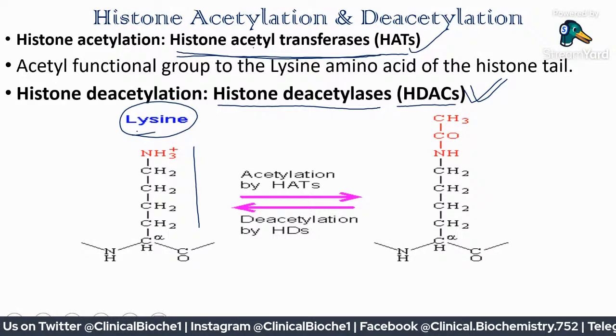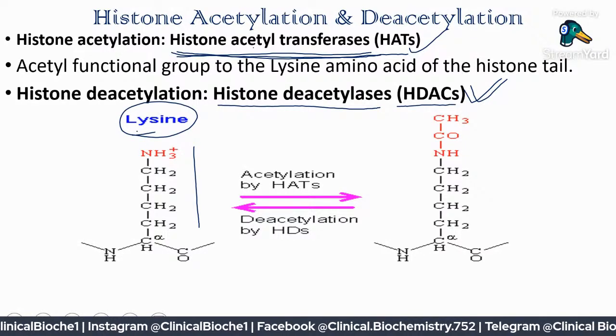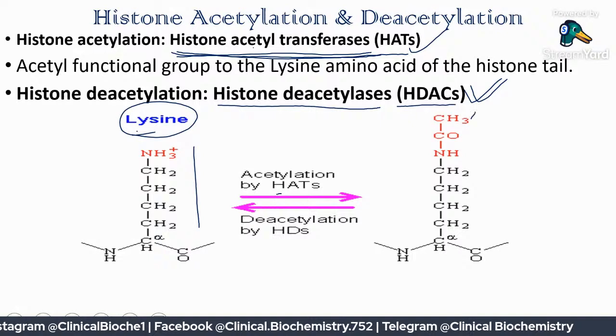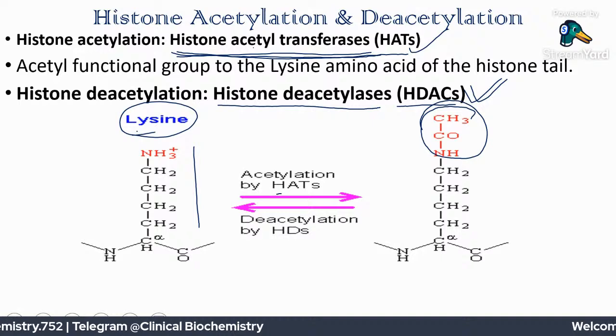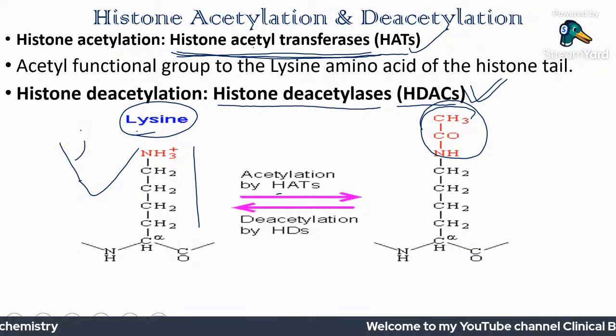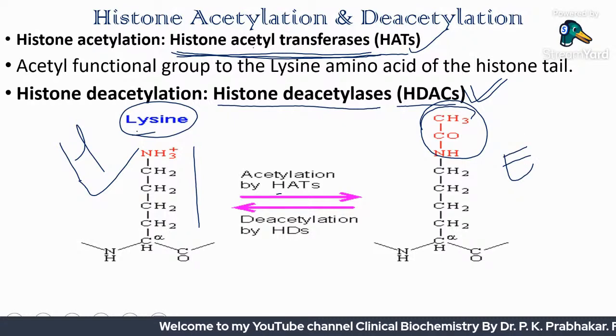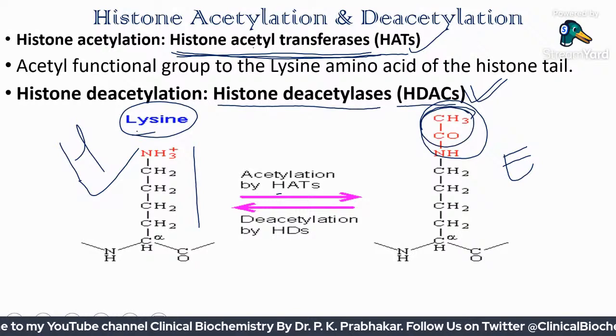If histone acetyl transferase transfers the acetyl group, and this is the acetyl group, COCH3, when you have this type of structure, it is heterochromatin. When it is acetylated, it will be euchromatin. If you want to convert euchromatin to heterochromatin, you need to remove this group, so the deacetylase enzyme.